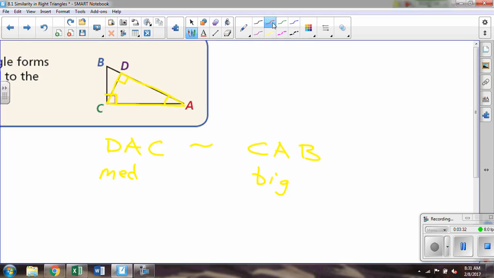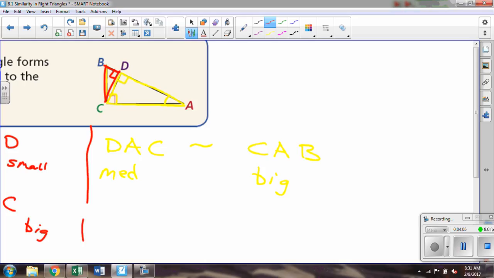Switching colors here, and looking at the small triangle. Of course, angle D is 90. So 90 matches 90. In this instance, D is similar to C for the big one.